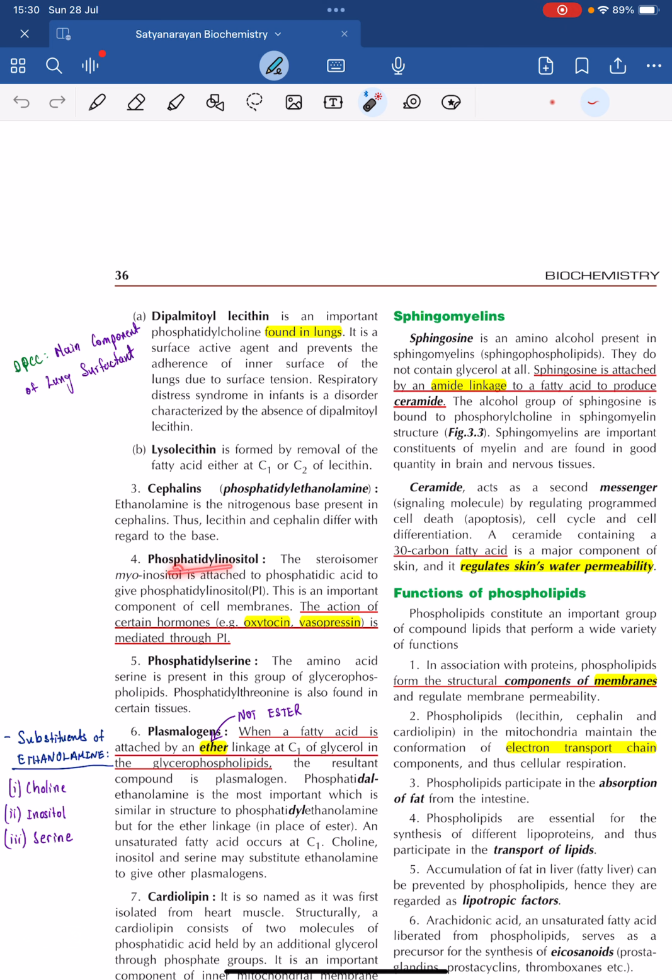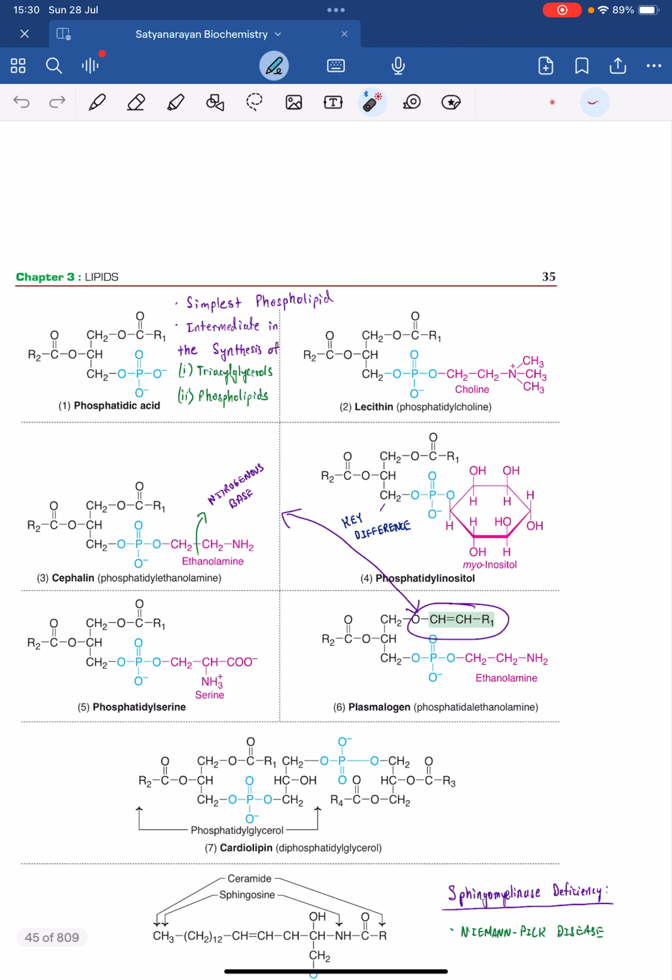Fourth is phosphatidyl inositol. The stereoisomer myoinositol is attached to phosphatidic acid to give phosphatidyl inositol. This is an important component of cell membrane. The action of certain hormones, that is oxytocin and vasopressin, is mediated through PI.